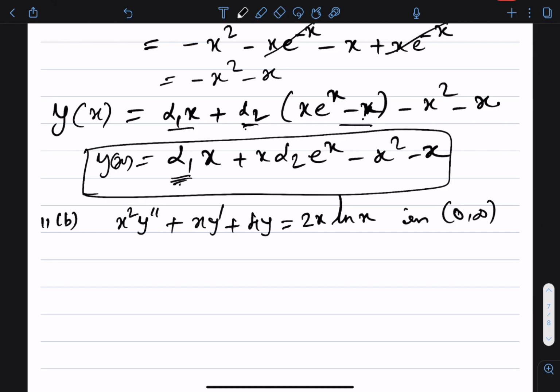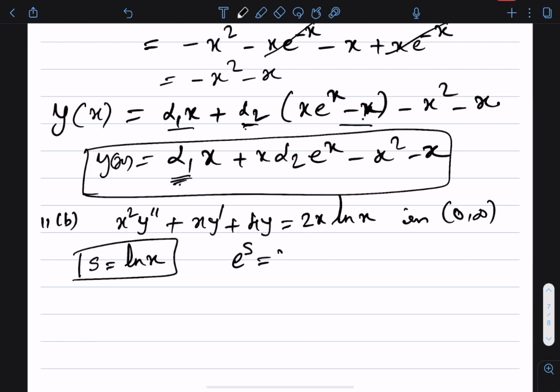Because all the coefficients are powers of x. So if you introduce this new variable, s equals log x, that's what you do for Cauchy-Euler form. Then what you know is that e power s is your x, right?